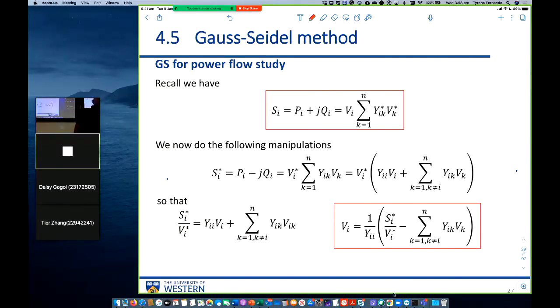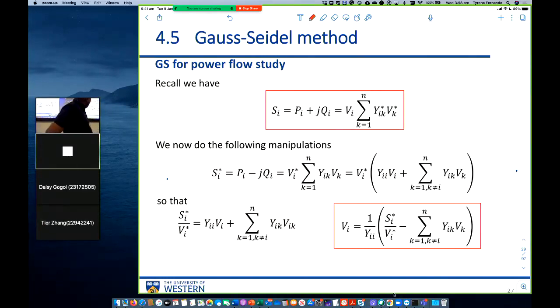SI is the power injection externally, complex power, which must equal VI, the voltage at bus I, multiplied by the current conjugate. The summation is the currents that are flowing inside the network.